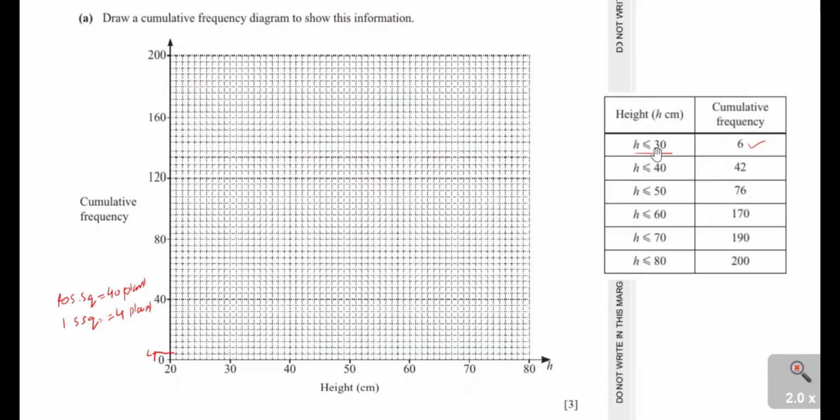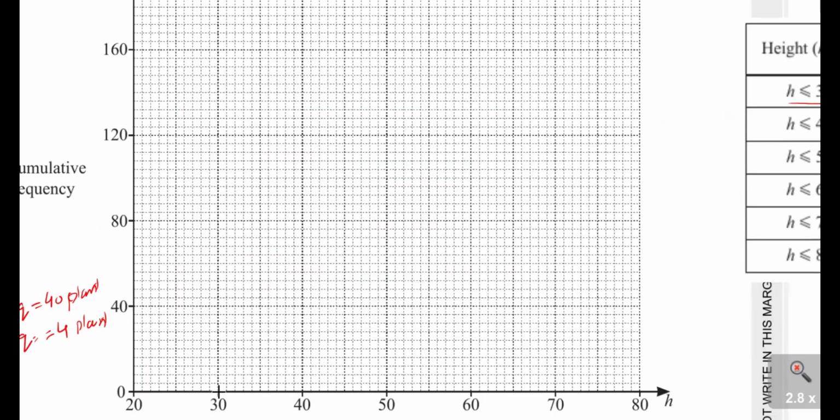Look here, the first value is h less than or equal to 30 and cumulative frequency is 6. Here this is 30 and this position is 6 because one small division is 4 units. Therefore, the middle of 8 and 4 would be 6. Therefore, we will mark the point here.